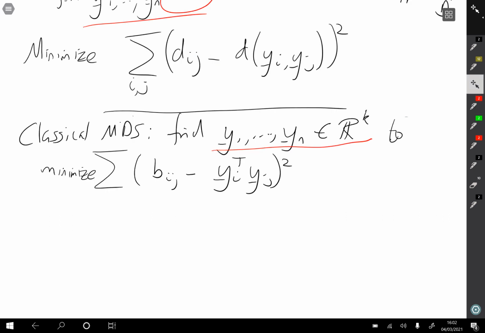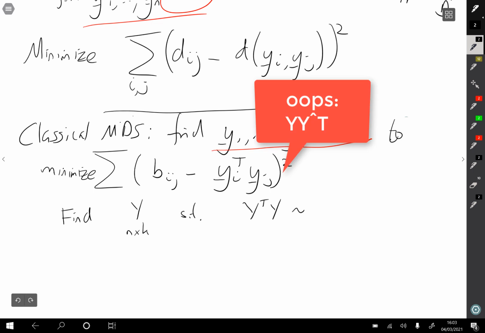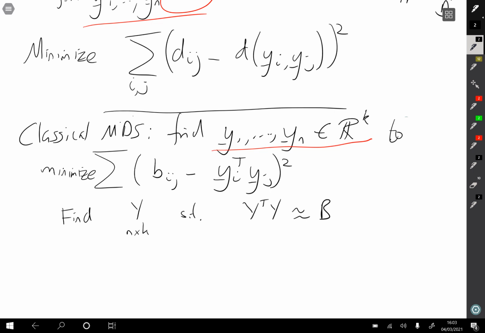So that's the problem we're solving in classical multidimensional scaling. We're trying to find a matrix y which is an n by k matrix such that y y transpose is approximately equal to the centered inner product matrix of the data B.